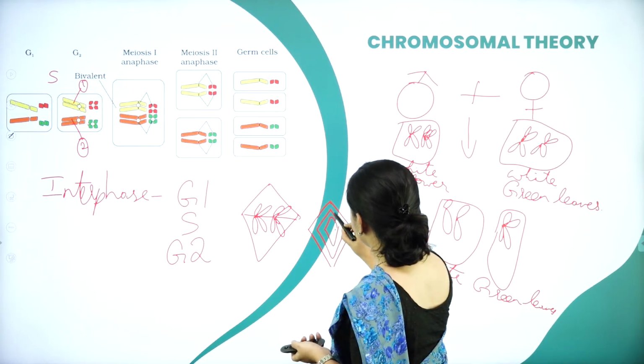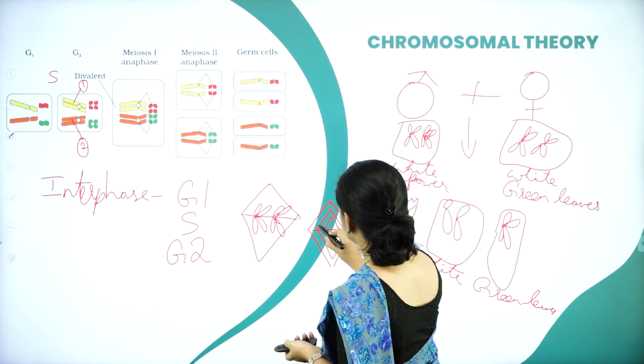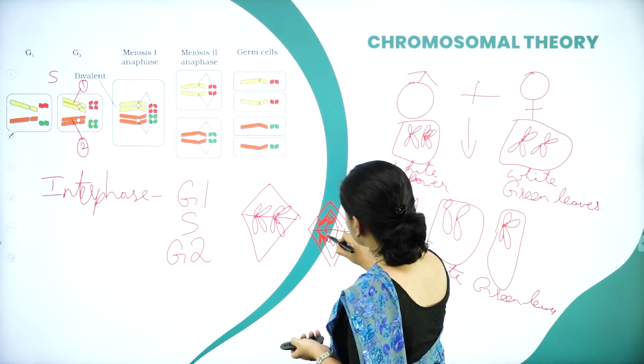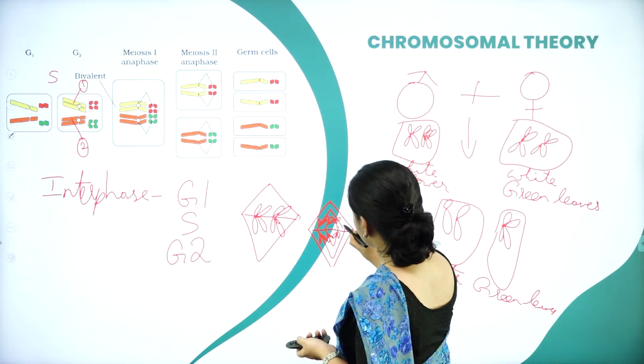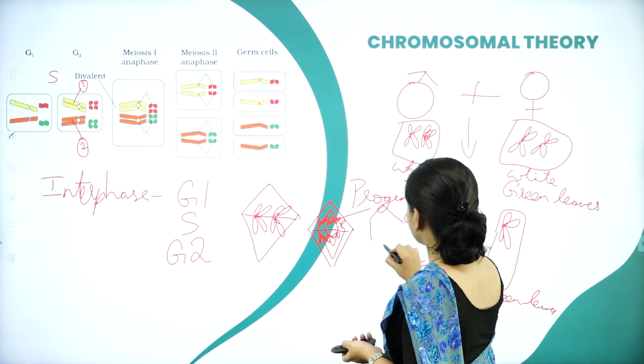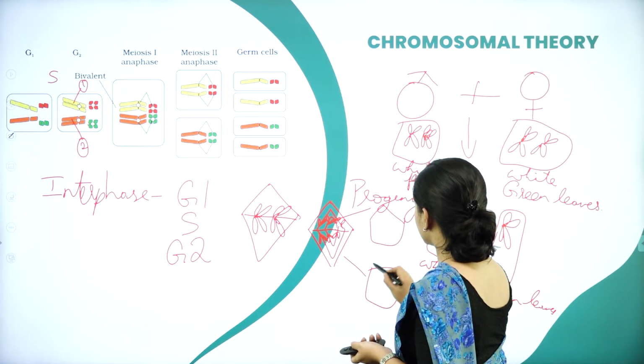They start to move like this, segregate, and form two different cells.